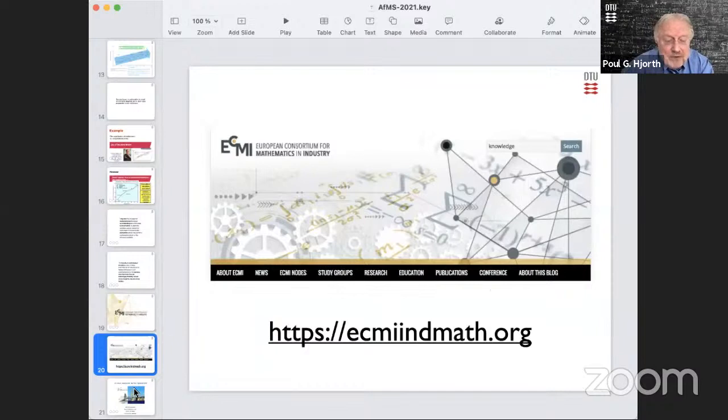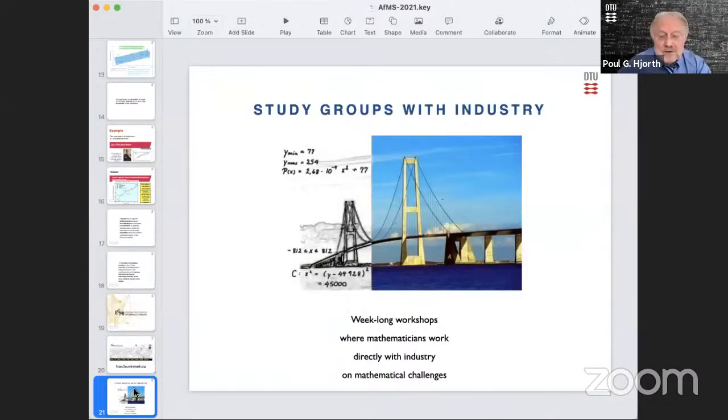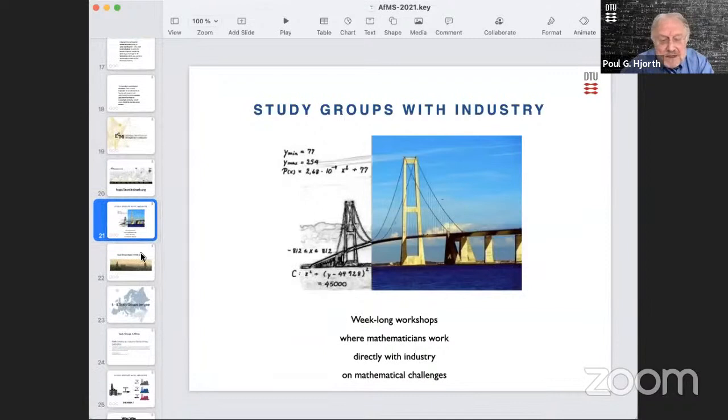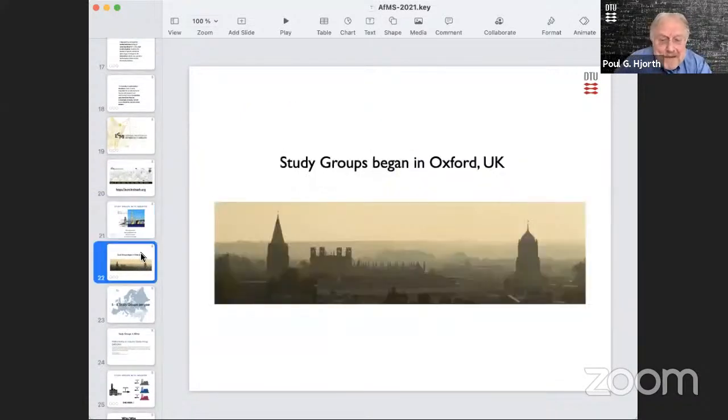And this is what I wanted to get to here, the study groups with industry, which is a regularly occurring thing these days, but it began back in the 1960s, I believe, in Oxford, as an event where academic mathematicians would get in touch with companies and accept what they call challenges from companies to see if they could actually do mathematics to solve some of the issues of modeling or computation that various companies were facing.